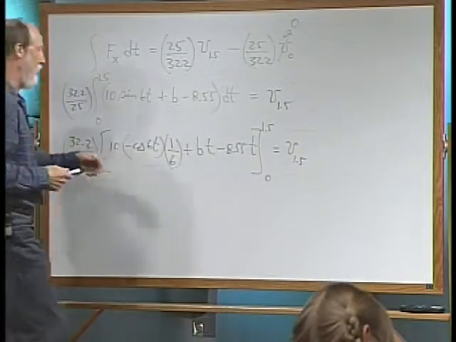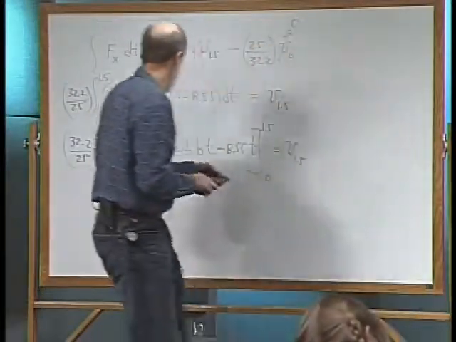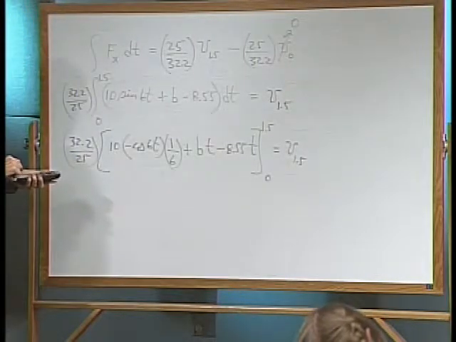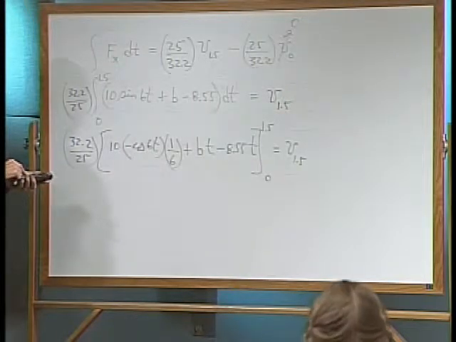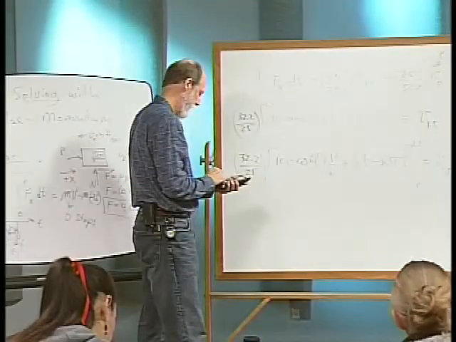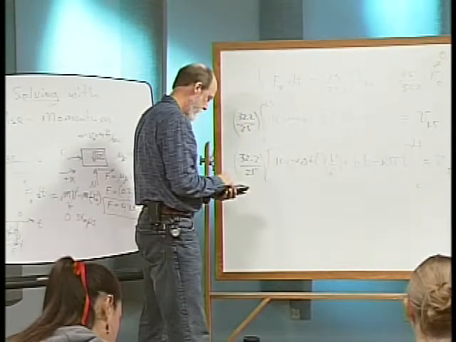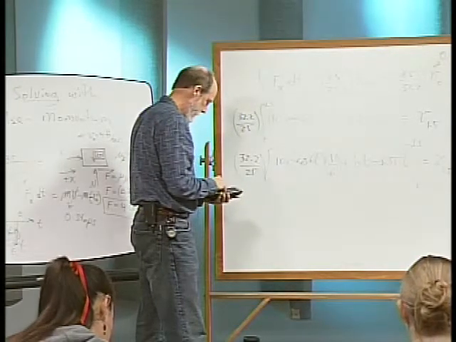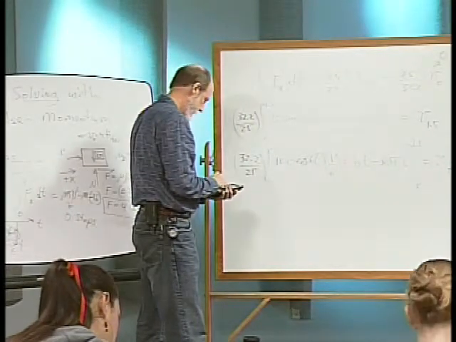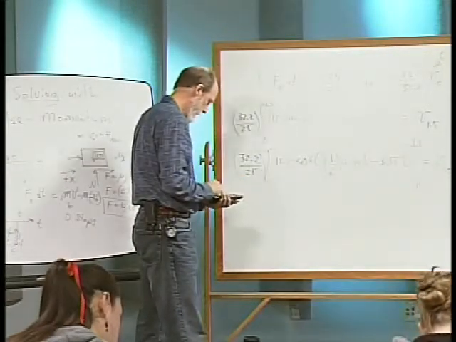Let me go ahead and just do that myself, and you folks can punch along if you wish. Cosine of 9 radians.